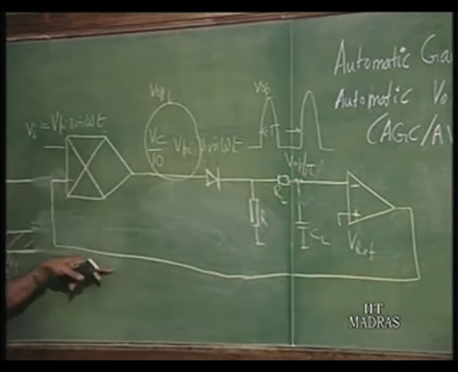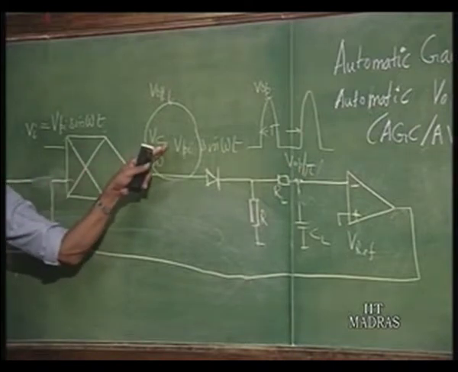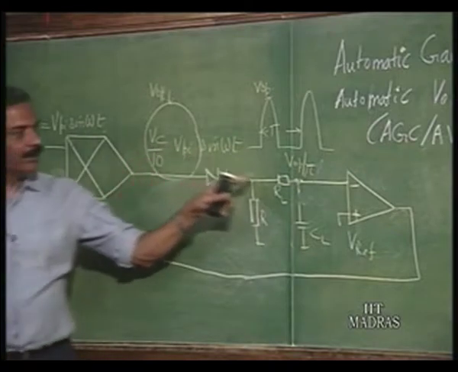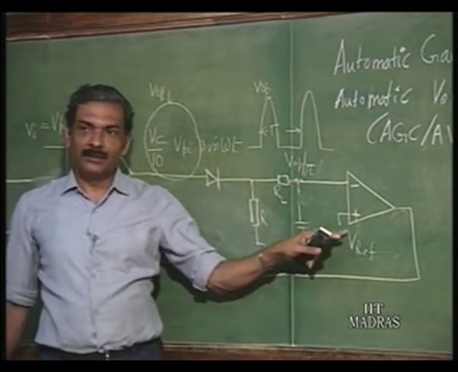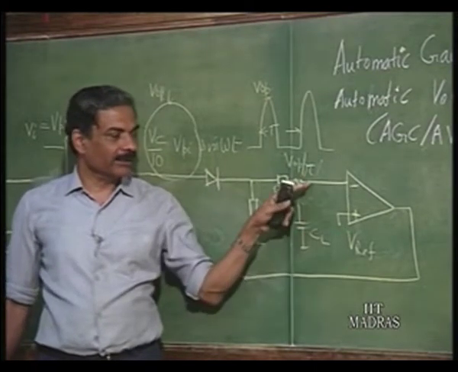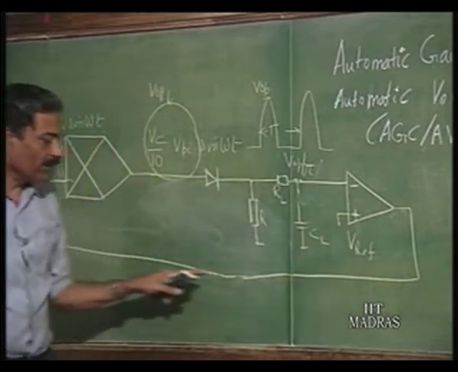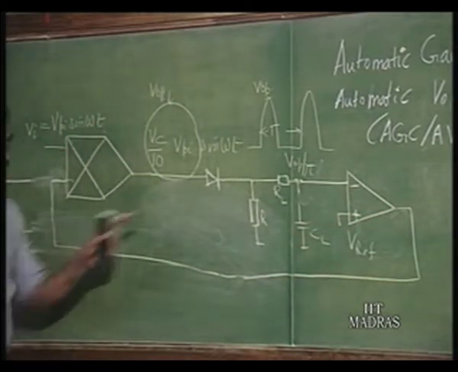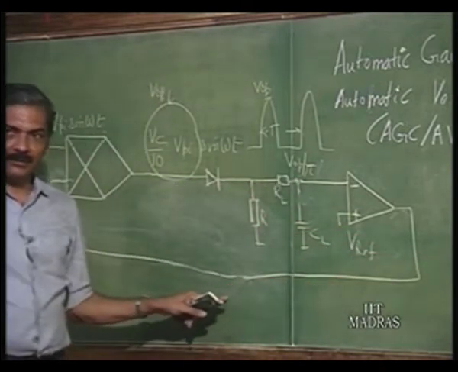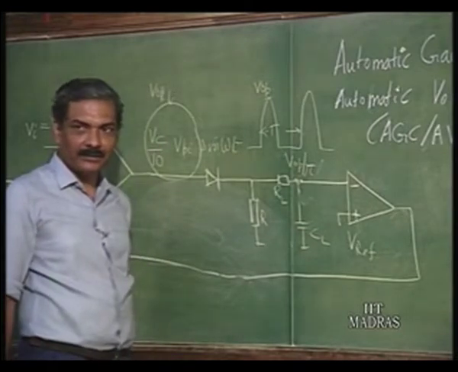That means, it will become less positive. If it becomes less positive, this decreases, because Vc is decreasing. When this decreases, this difference becomes smaller now. Ultimately, this should decrease until this voltage becomes equal to this voltage, and that voltage will remain constant there. As long as this is remaining constant, this will remain constant. Right. So, this is the basis of negative feedback AGC.